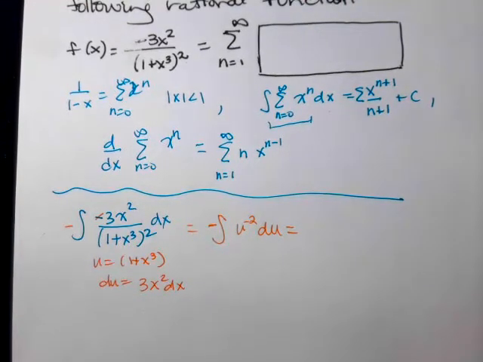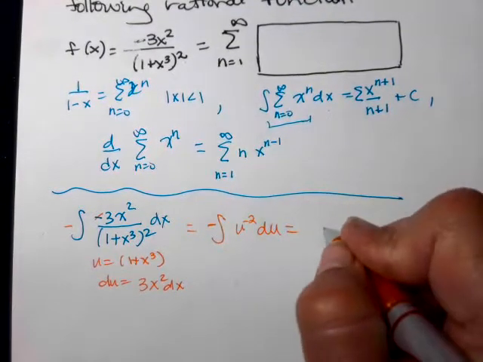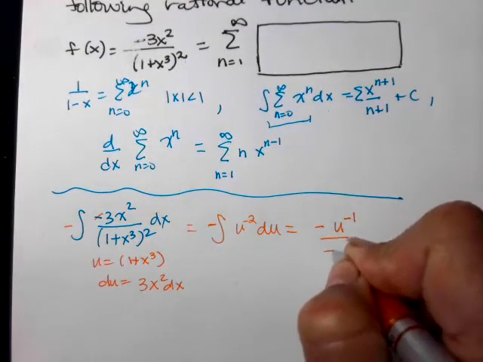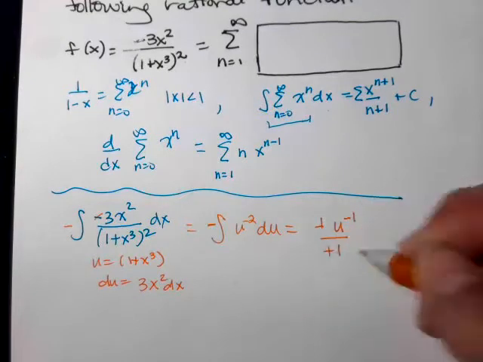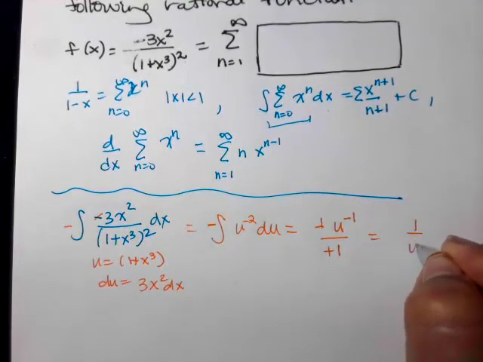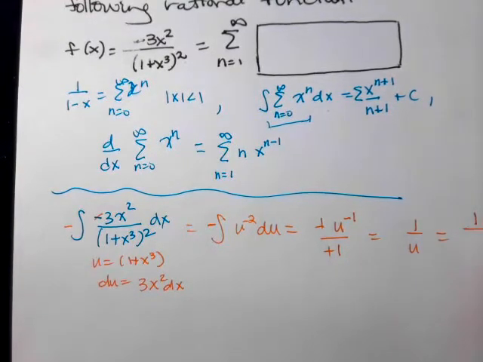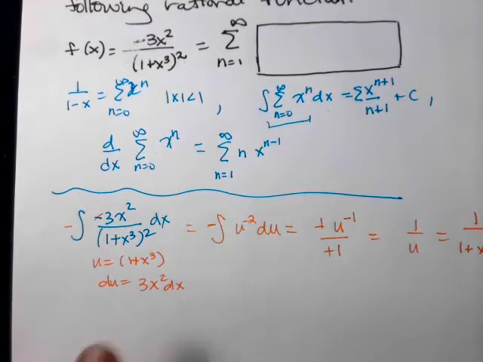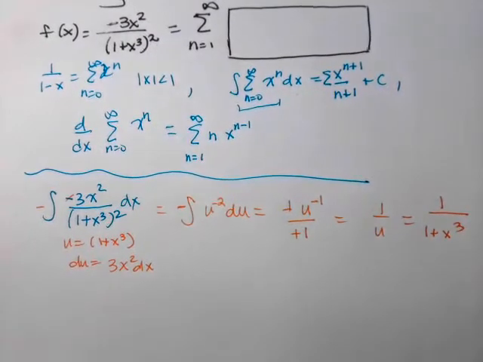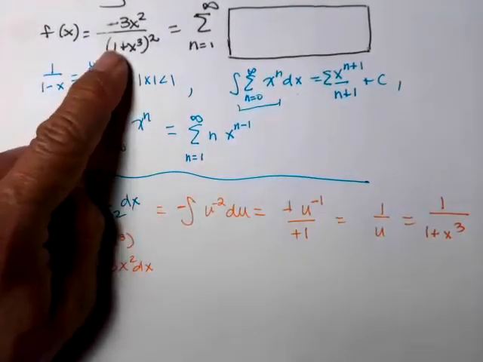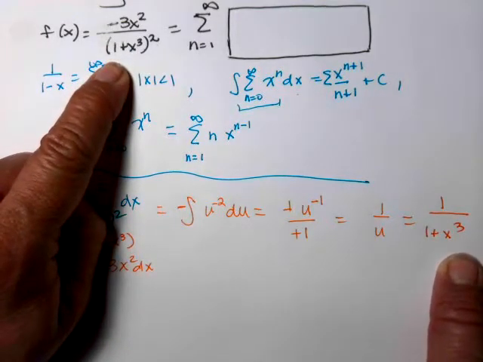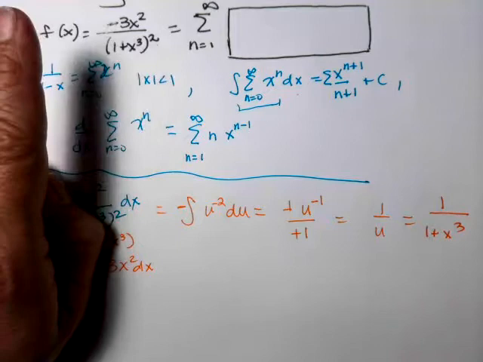Don't worry, it's going to be clear here in just a second. So we're going to get negative u to the negative 1 divided by negative 1. So I can get rid of the negative signs. So I have 1 over u, and u was 1 plus x cubed. So if we integrate the function we started with, we get 1 over 1 plus x cubed.